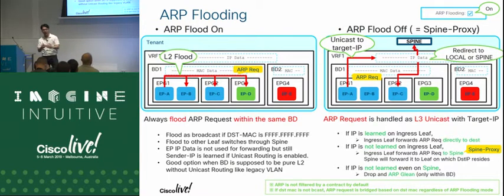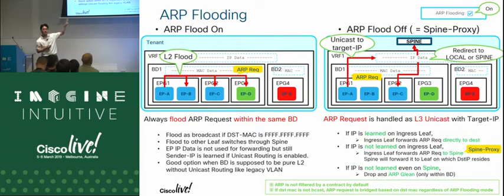Endpoint table and routing table, it's always those two steps. Then in the routing table, if it's an ACI endpoint, we should have the pervasive route information, right? The one that we just mentioned. Then the pervasive route should point to the spine proxy. So that's why we use the spine proxy if we don't know about that target IP. So that's ARP flooding off.